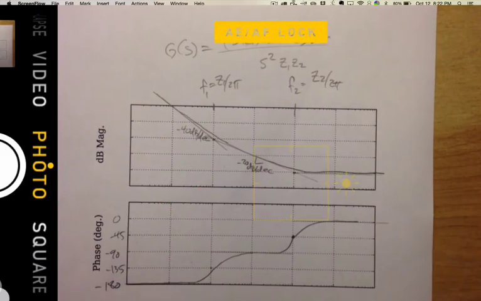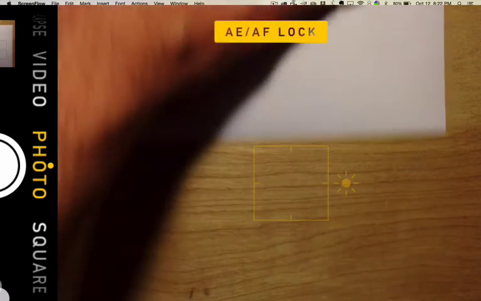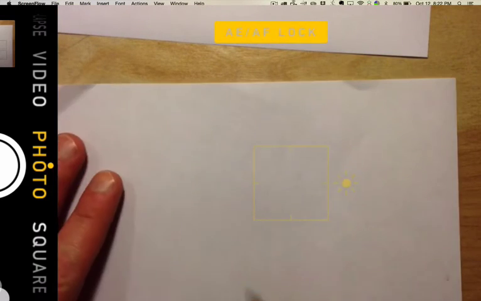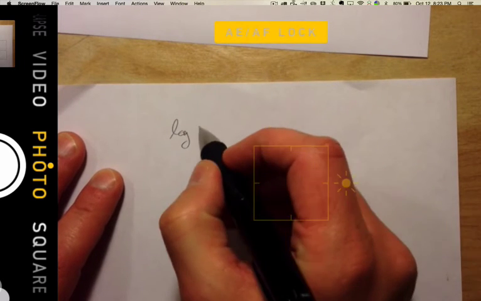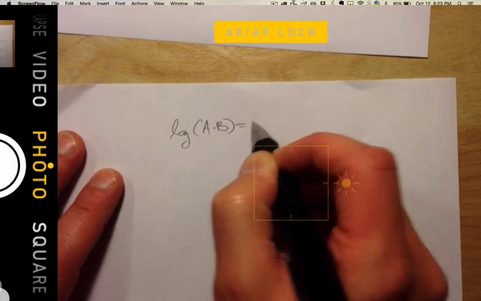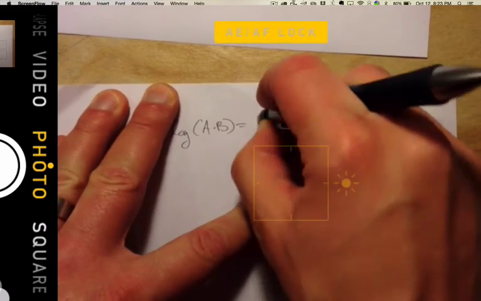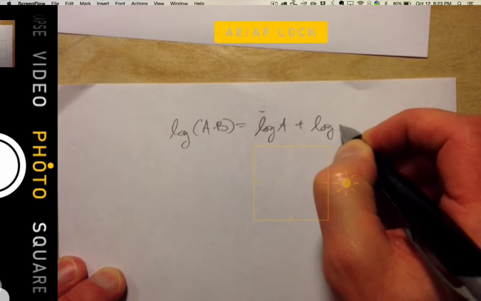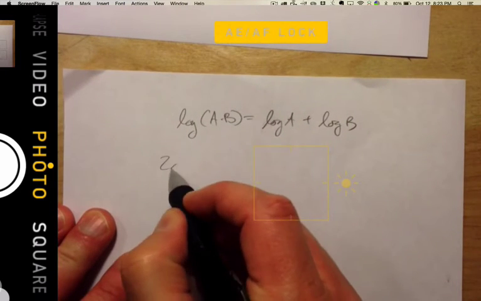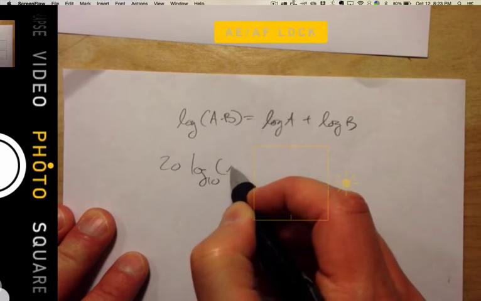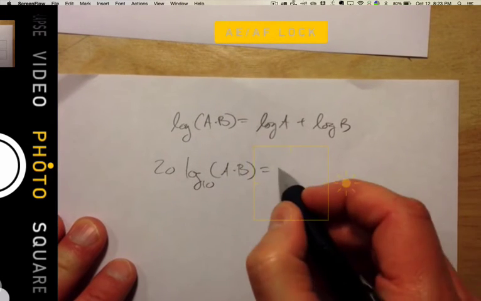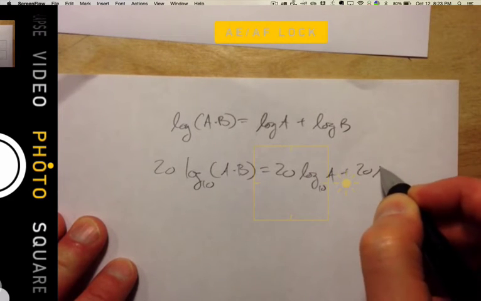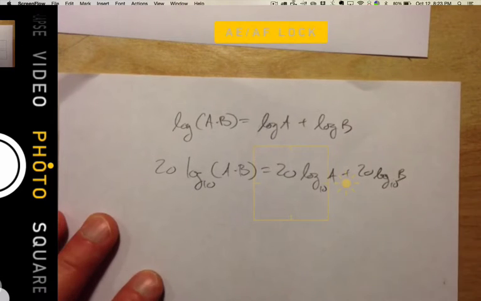The other thing I want to say is about the gain. Hopefully you remember from basic logarithmic properties that the log of a times b is the same as log a plus log b. That still holds true if I have 20 log 10 of a times b. That's the same as 20 log 10 of a plus 20 log 10 of b.